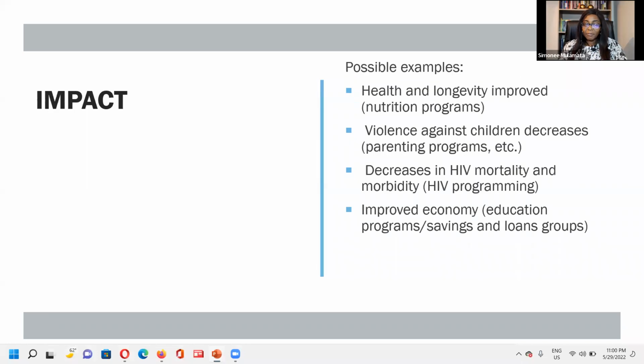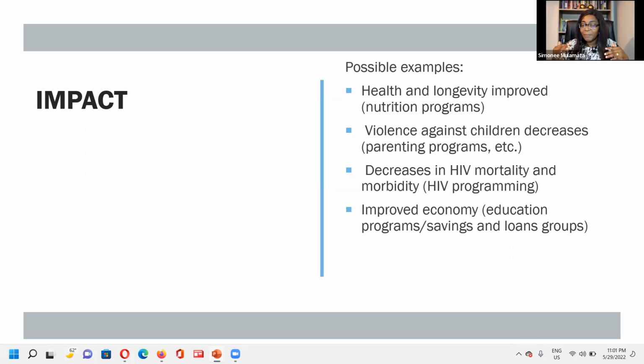And then impact is your long-term result. Possible examples are health and longevity improved, in other words nutrition programs. If you want to think impact, you want to think long-term. Violence against children decreases, that is an impact. Decrease in HIV mortality and morbidity, fewer people die of HIV, that's an impact.